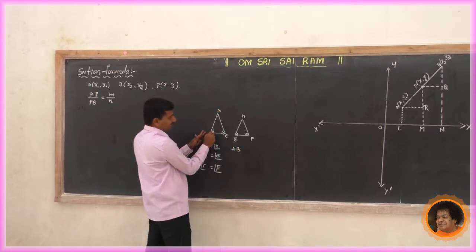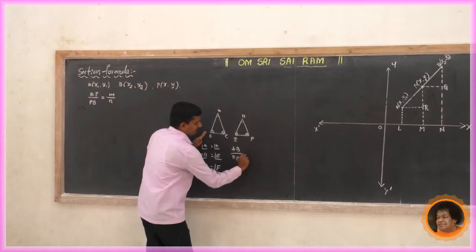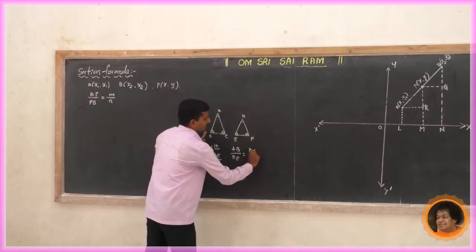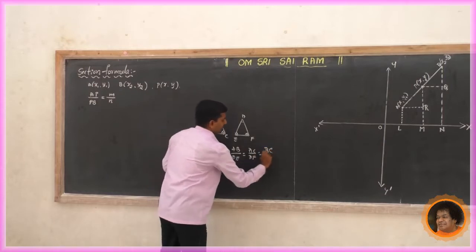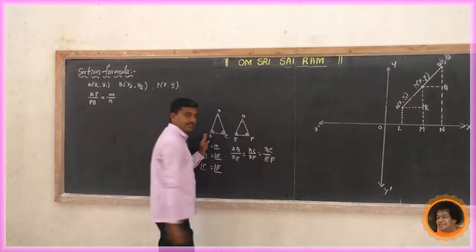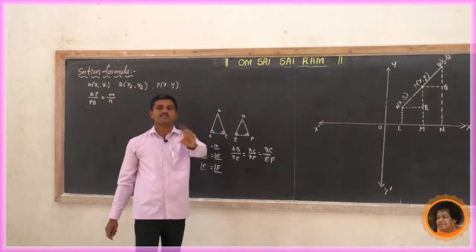The corresponding side of AB is DE. So AB by DE equals AC by DF equals BC divided by EF. If these two conditions hold good, then these two triangles are similar.